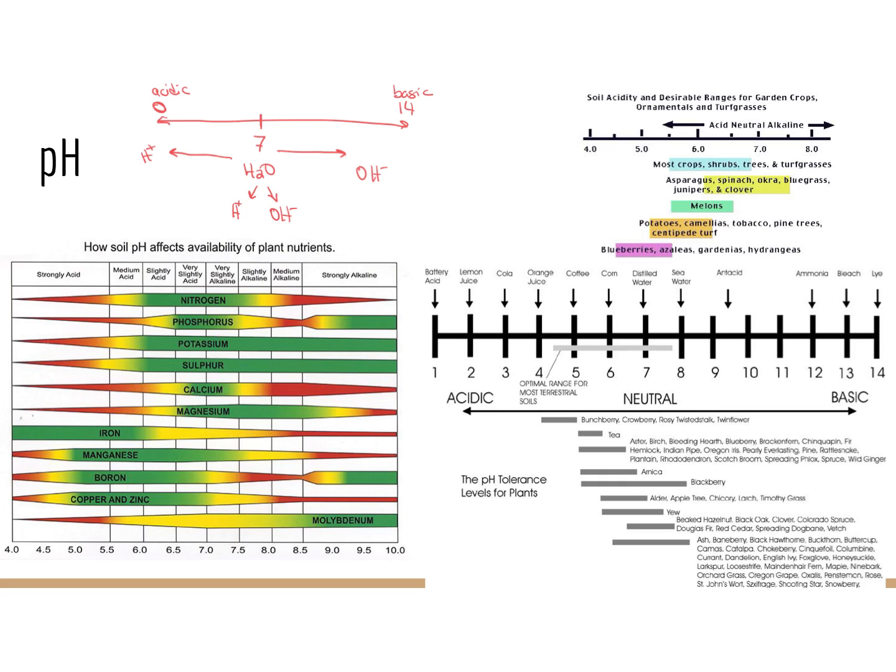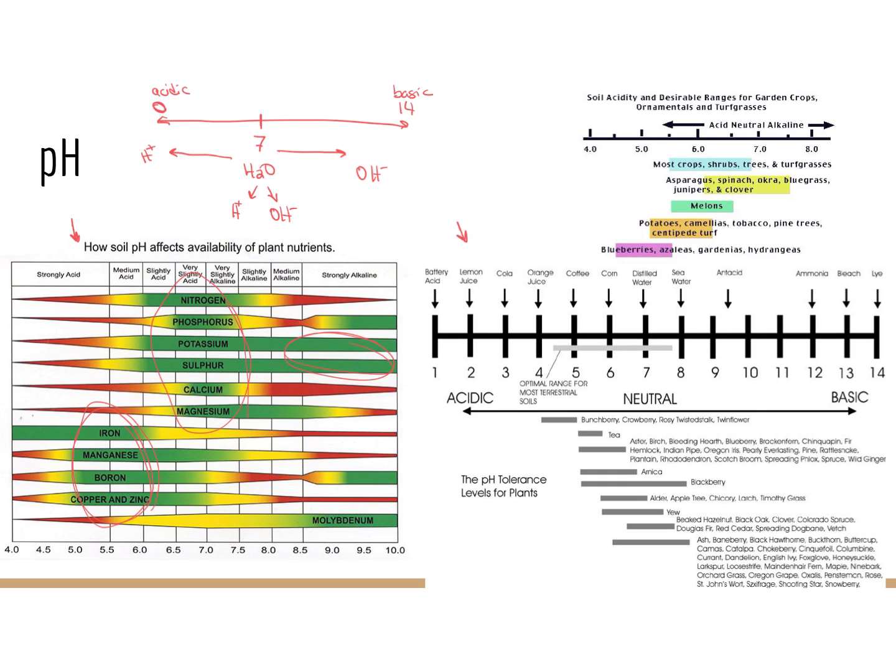So we can see from right here, this is how soil pH affects the availability of plant nutrients. So a more acidic soil is going to hold on to nutrients like iron, manganese, boron, copper, and zinc. A more neutral soil is going to hold on to nitrogen, phosphorus, potassium, sulfur, calcium, magnesium. If you have a plant that needs more potassium and sulfur, maybe more molybdenum, then they might prefer a more basic pH over here.